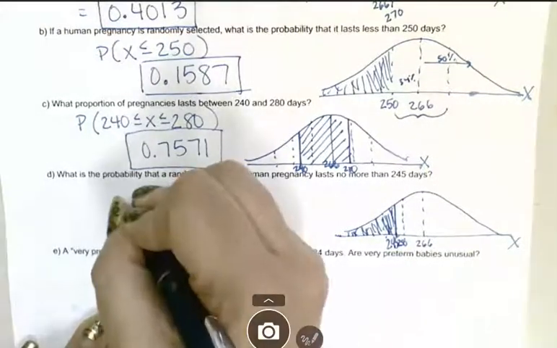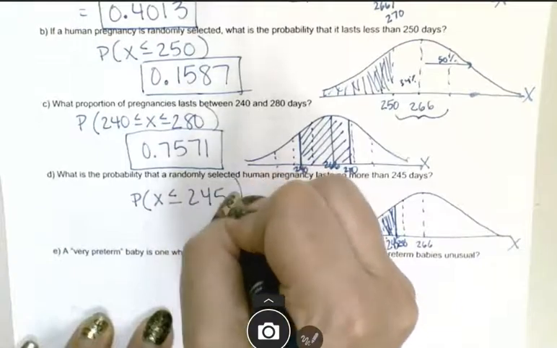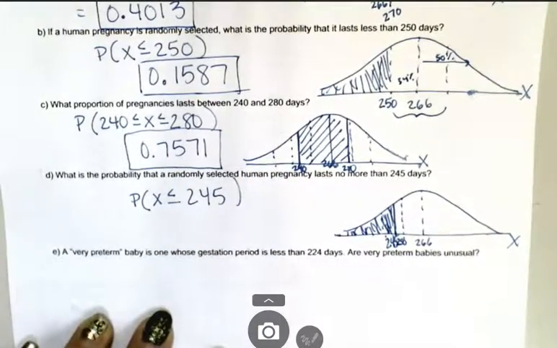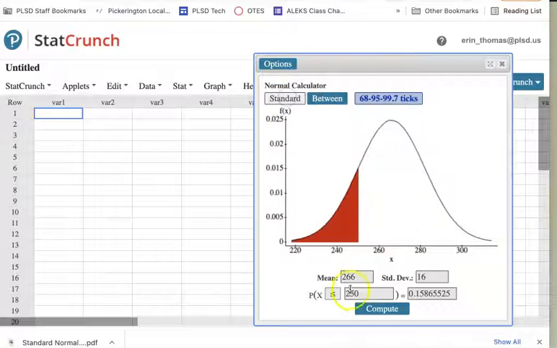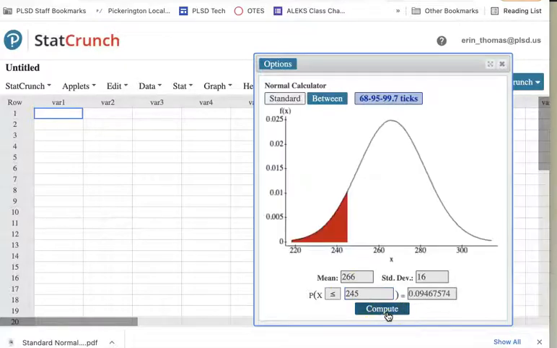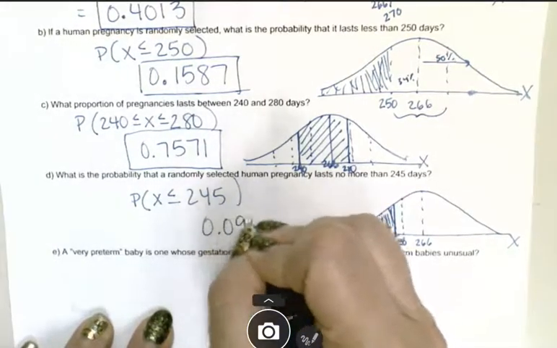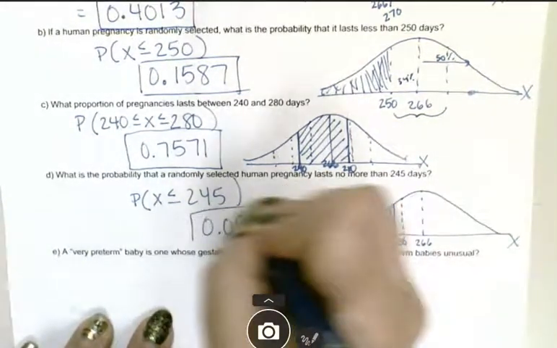So probability of X less than or equal to 245 is what I'm finding here. We're just making sure you can use the correct notation. So I'm going to switch 250 to 245, click compute, and I've got 0.0947 because I'm going to round that 6 up. So 0.0947 is your answer.